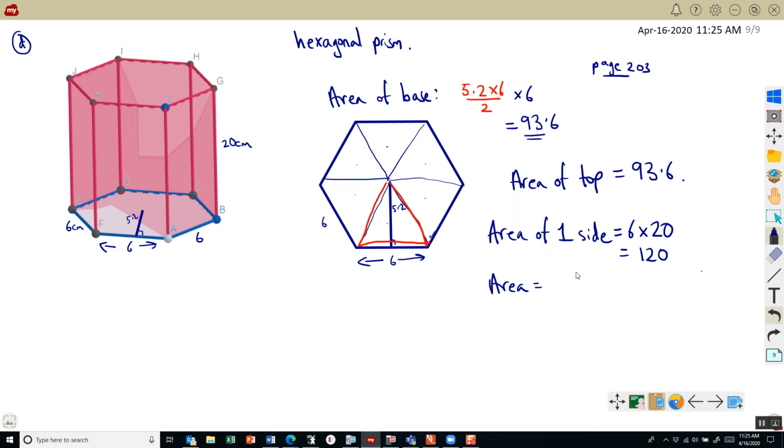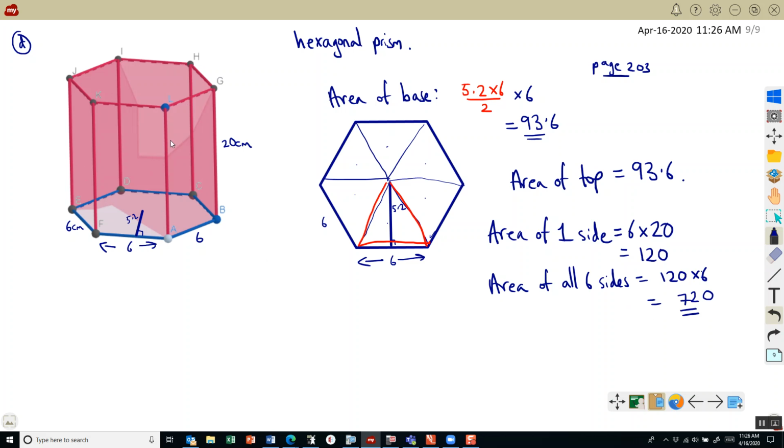So the area of all 6 sides is going to be 120 times 6, which is going to be 720.